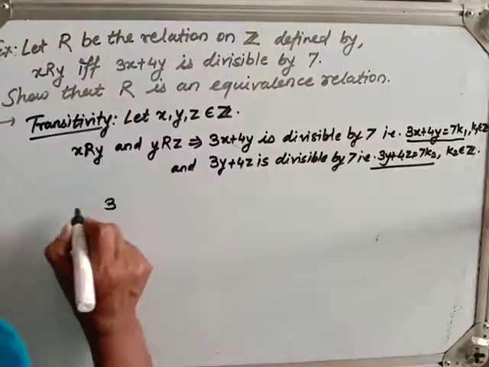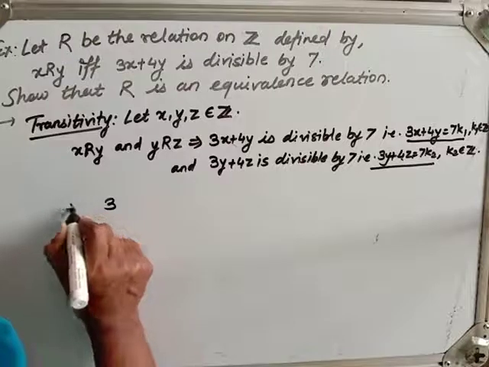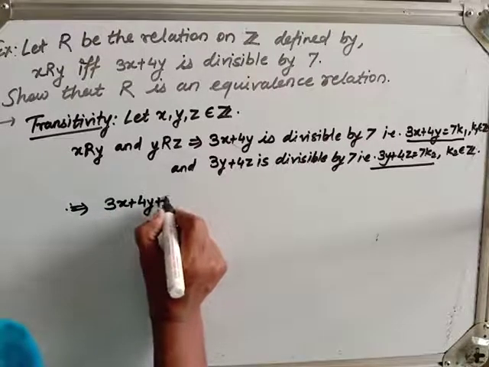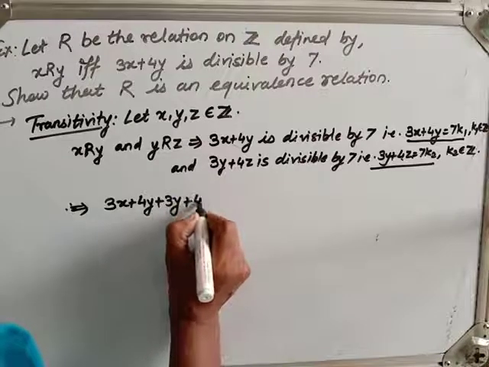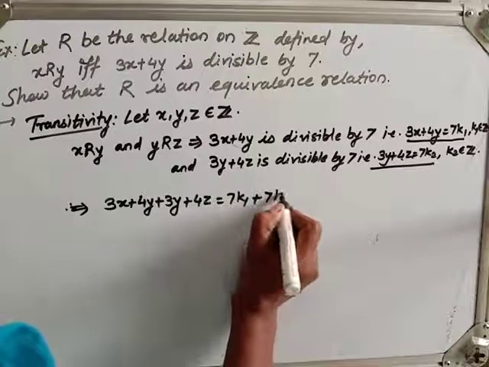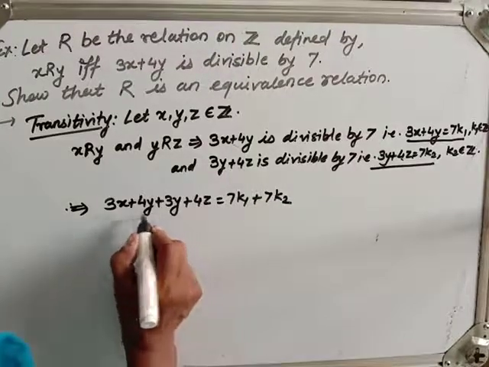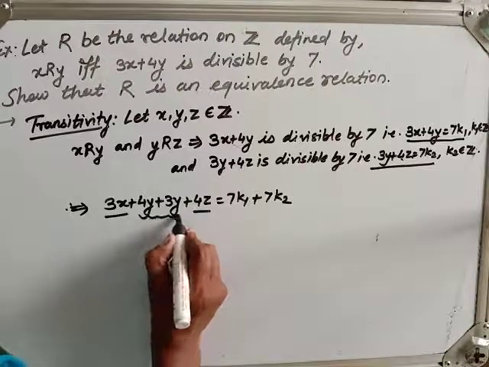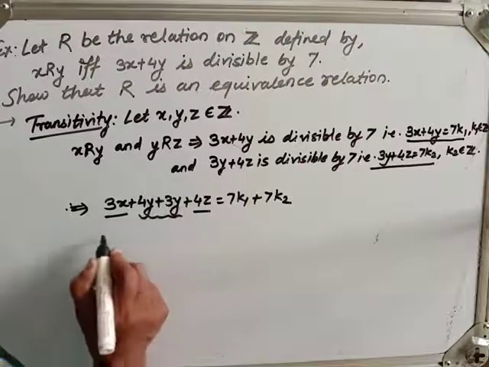So it implies 3x + 4y + 3y + 4z = 7k1 + 7k2. Now here we want 3x and 4z. This 4y and 3y we can easily add.